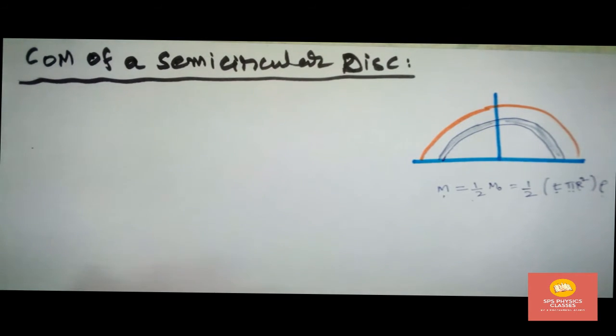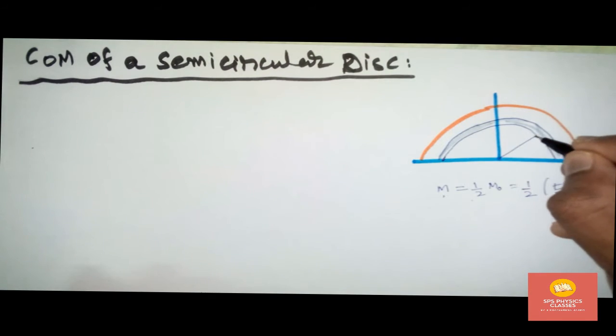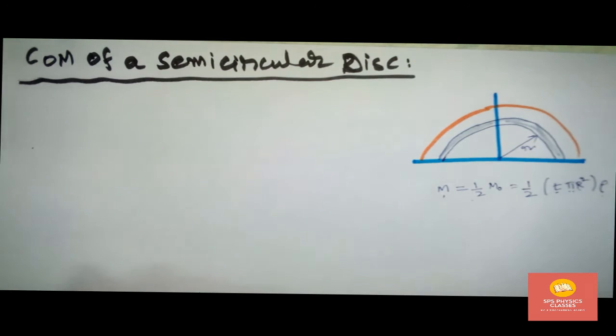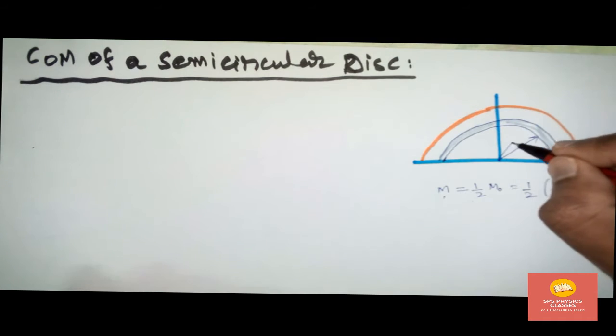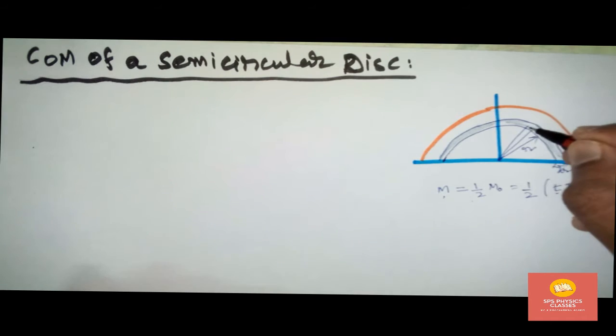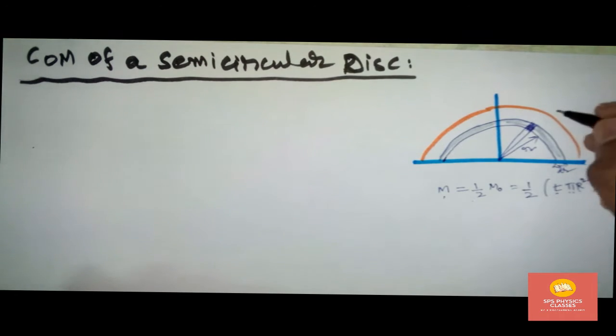This particular element is at an imaginary radius of small r, and the width of the radius is dr. This smallest element contains an angular distribution of d theta at the center.